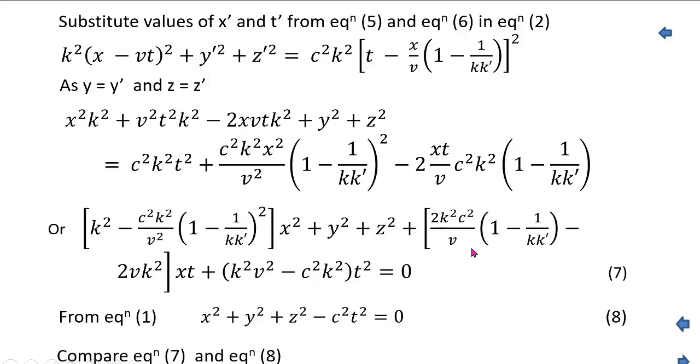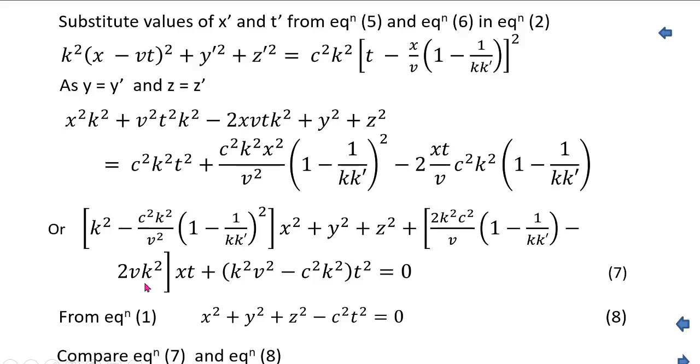Then the coefficient of y square is 1, and of z square is 1. Then there is no xt term in this equation, therefore this coefficient is equal to 0: 2 k square c square upon v (1 − 1/k dash) minus 2 v k square is equal to 0.